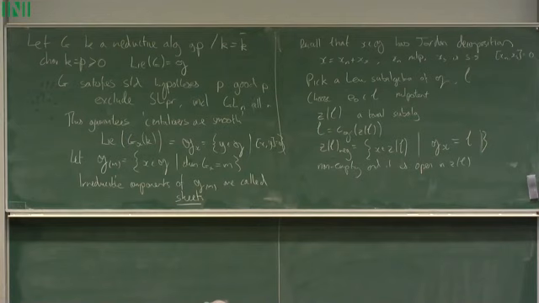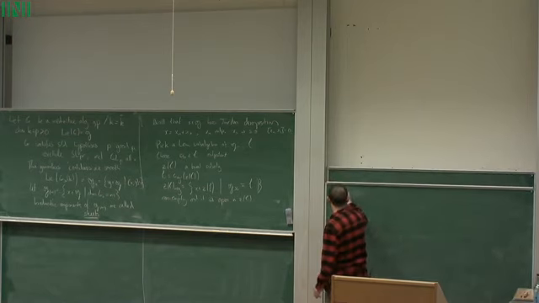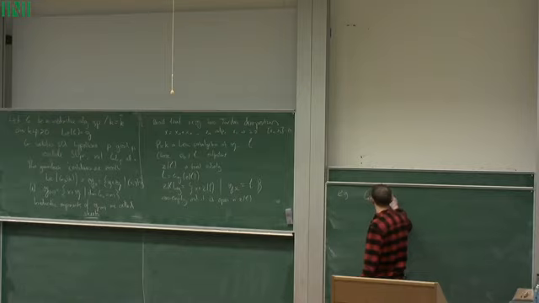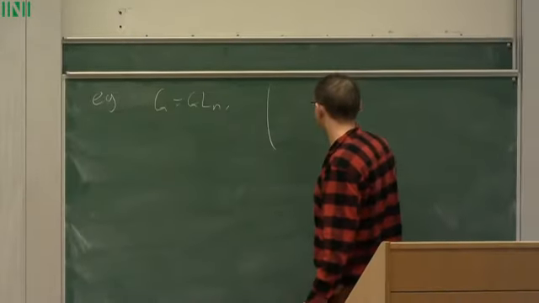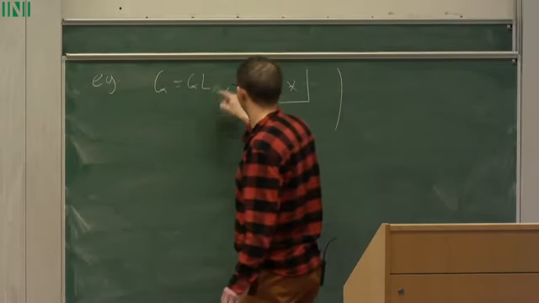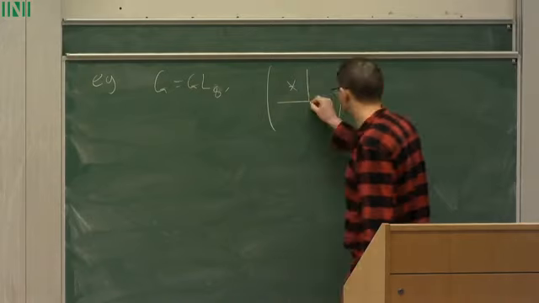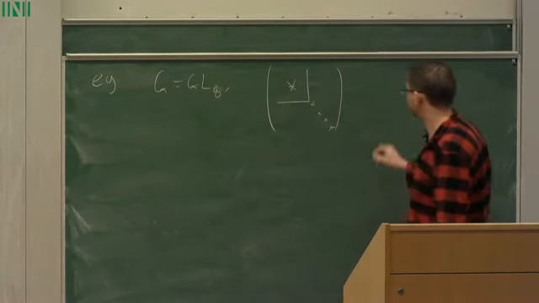Let me just try and give a quick example. So I'll take just GLN and then my Levi is going to be this. So let's even just take GL8. So this is very concrete.